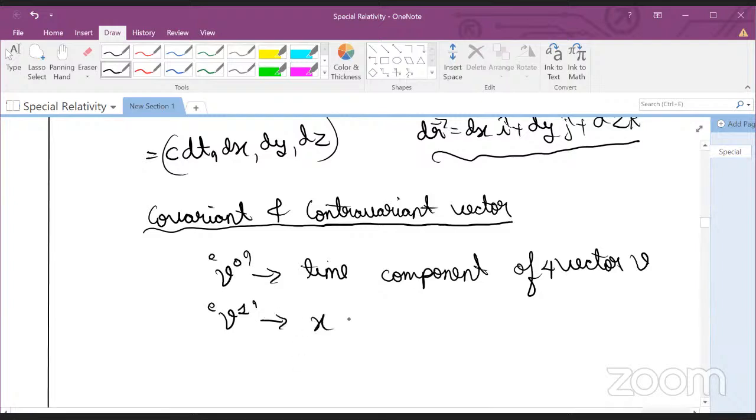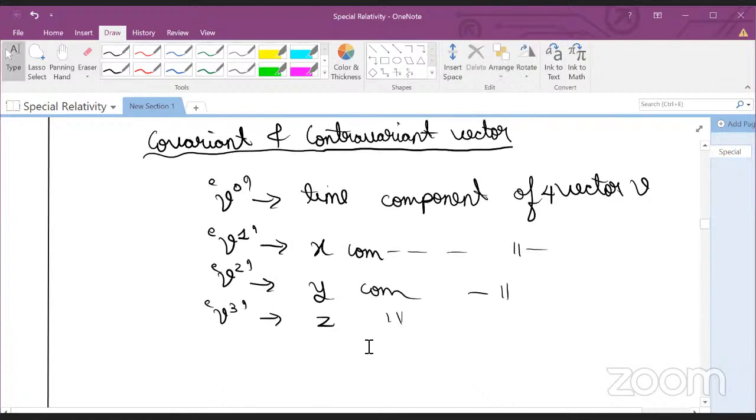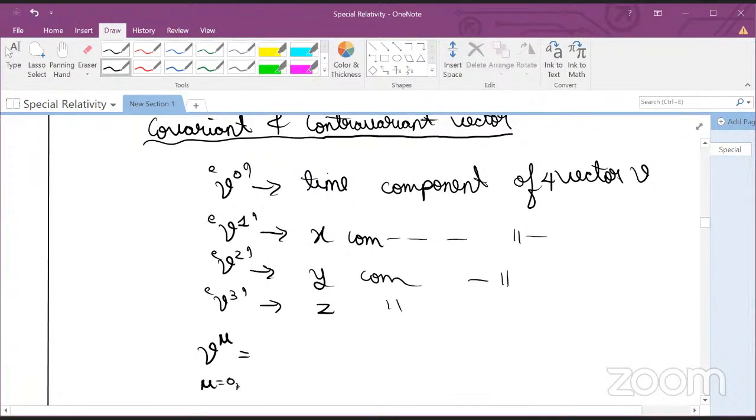So V1 is the x component of the V vector. V superscript 2 is the y component of the V vector. V superscript 3 is the z component. So this is how we show the components of some vector V. I can generalize this with V superscript mu, where mu equals 0, 1, 2 or 3.